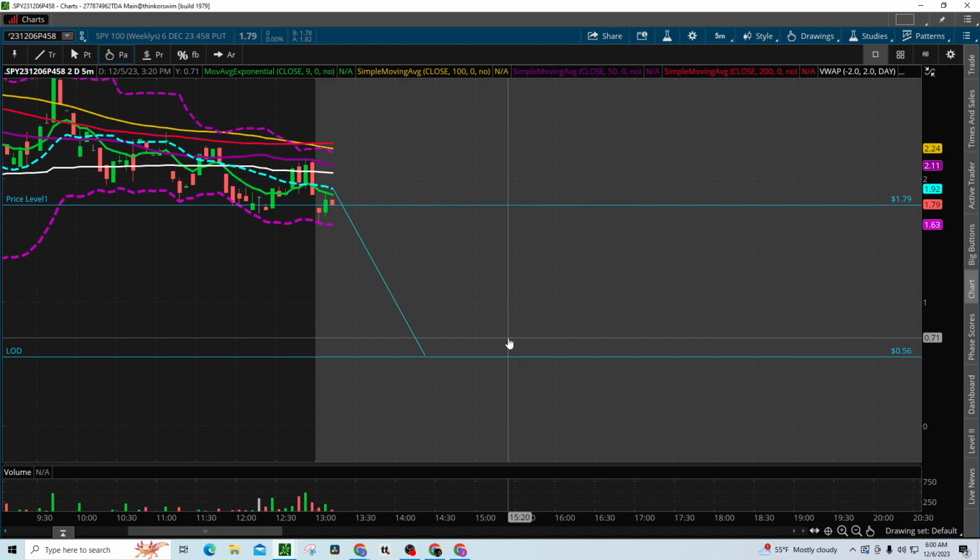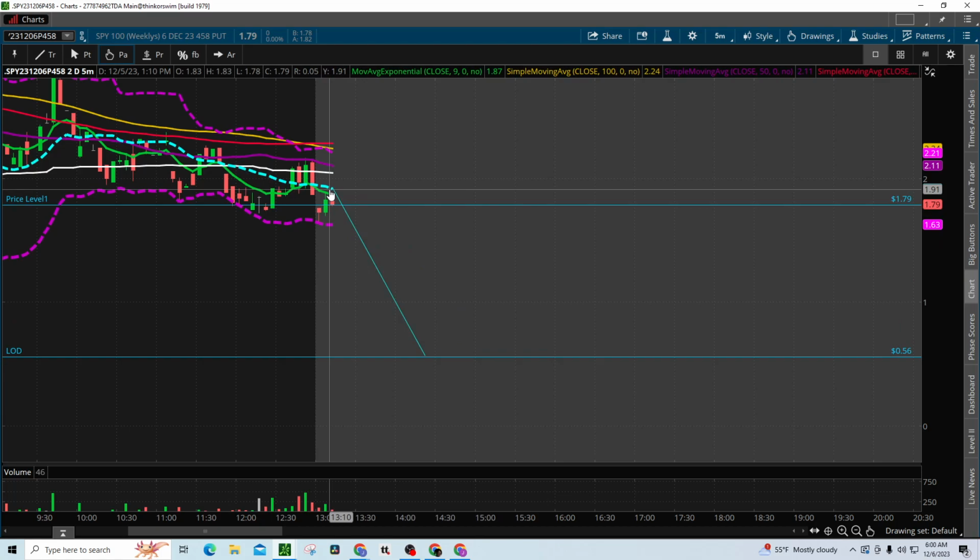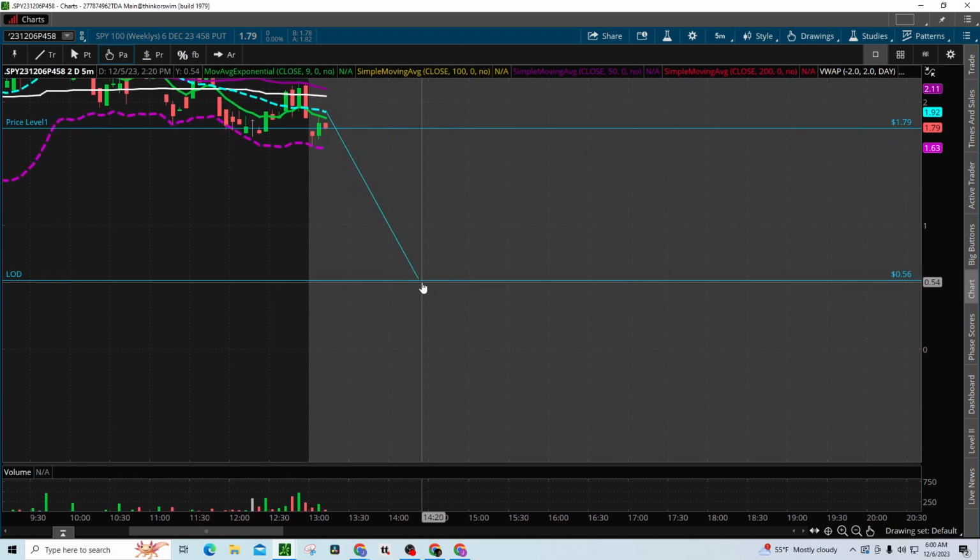So pretty much, at least the first half of the day, the puts are going to be losing value. It doesn't mean we can't make 100%, because if it goes down to 56 and even more to 25 cents, it can move 25 cents to 50 cents and you still make 100%.